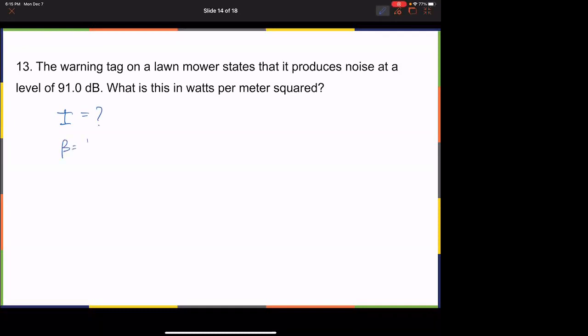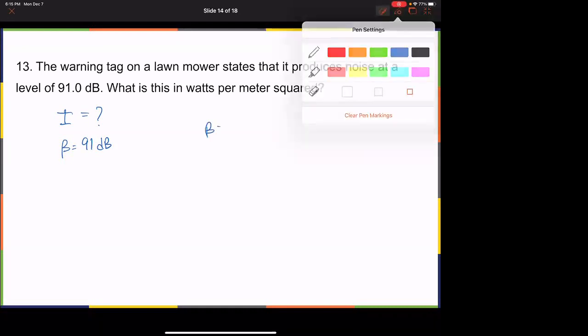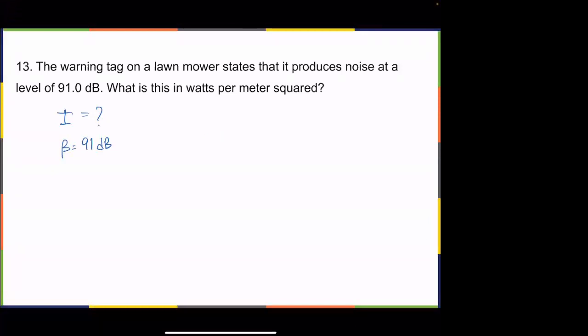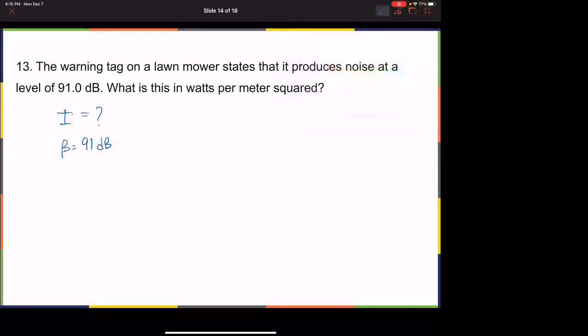When you see decibels, that's beta. So we want to use the formula I equals I naught times 10 to the beta over 10. That's the formula we want to use here.